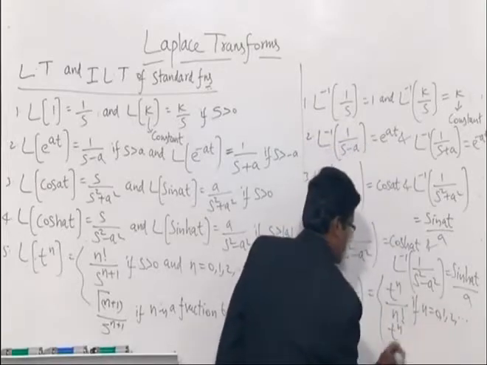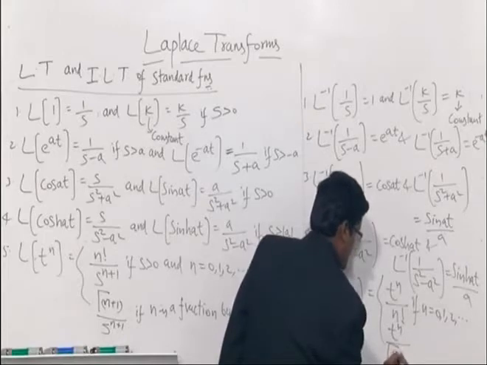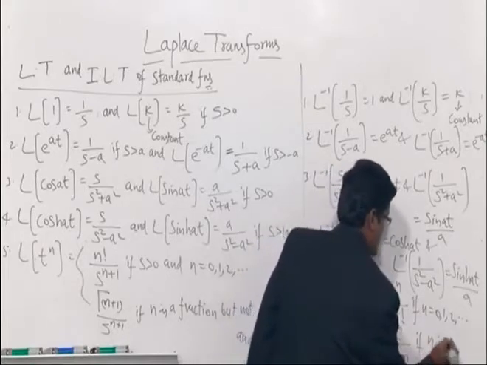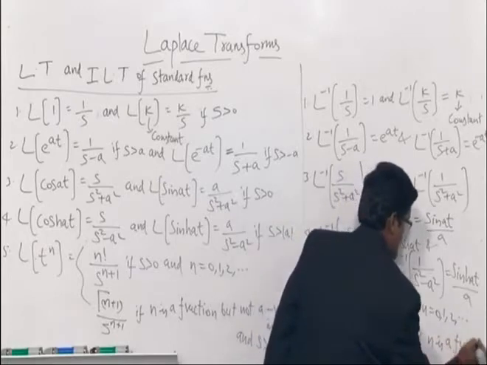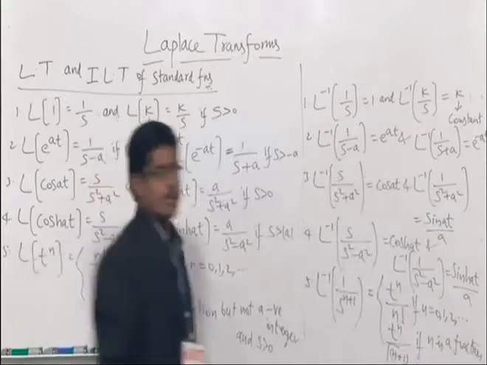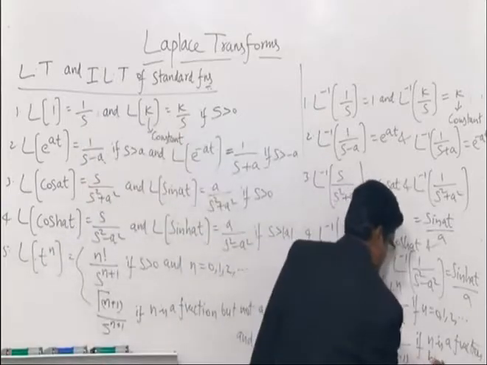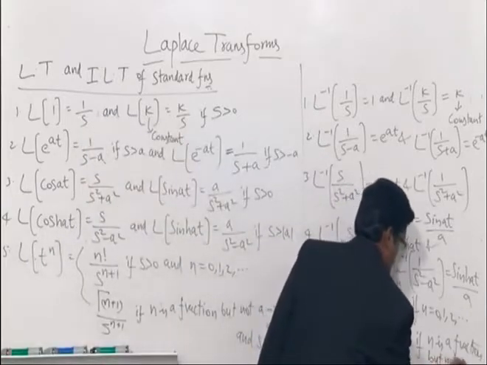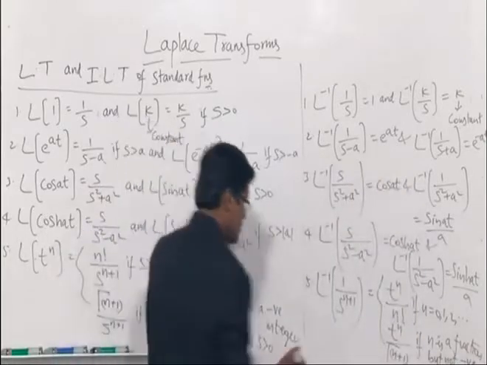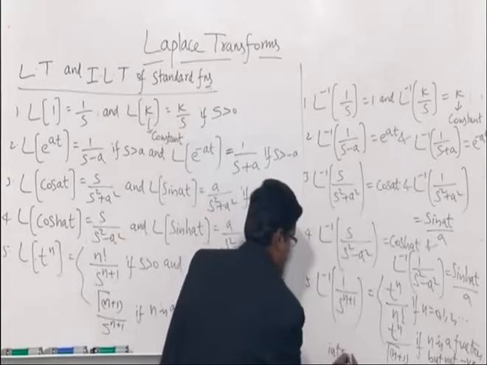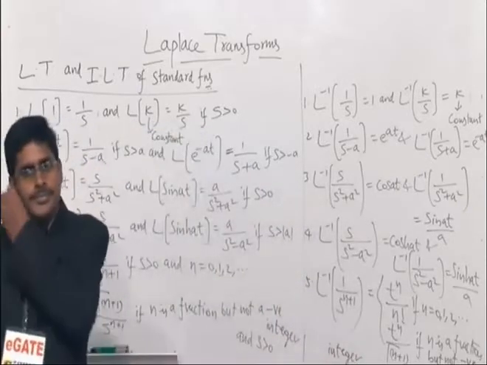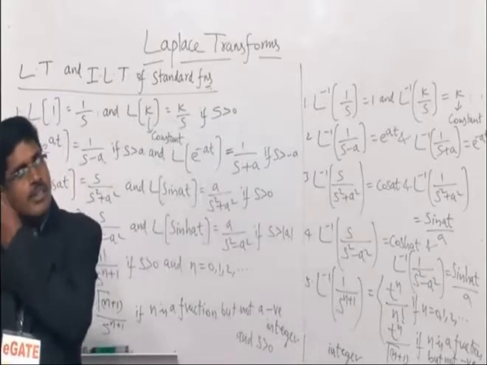Other case, t power n over gamma n plus 1 if n is a fraction but not a negative integer. Okay, but not a negative integer. Here I am writing but not negative integer. Just learn these standard formulas by heart.